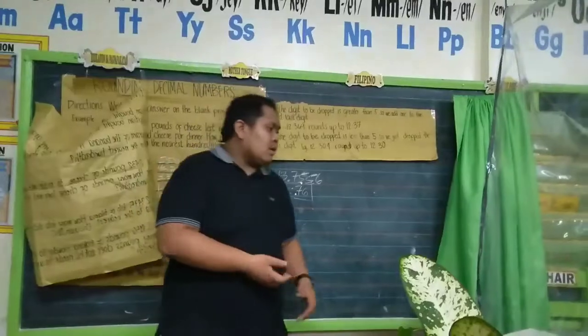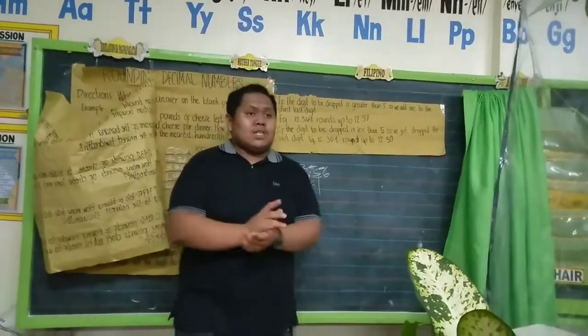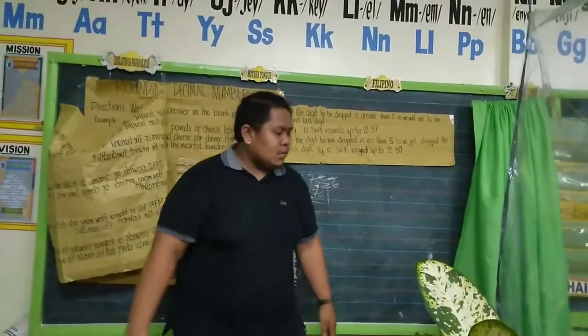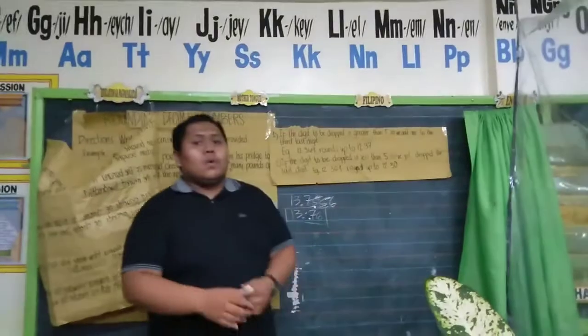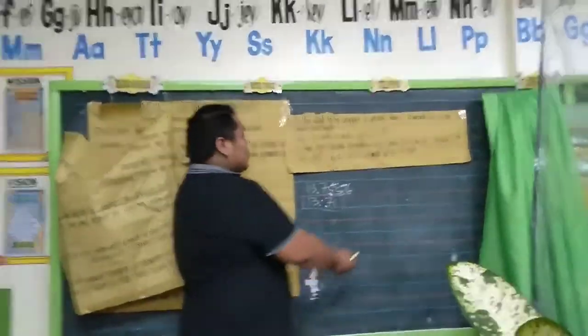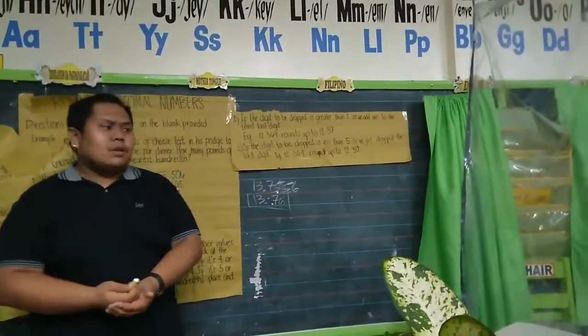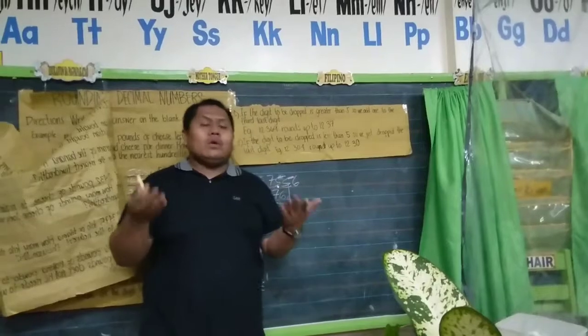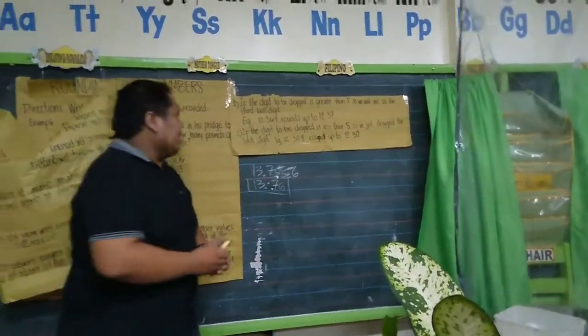Okay, so may I ask you, when do we round down decimal numbers? So, we round down decimal numbers when it is less than 5. So, when do we round up decimal numbers? Correct again.